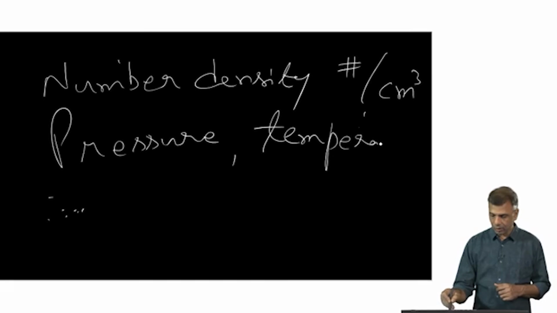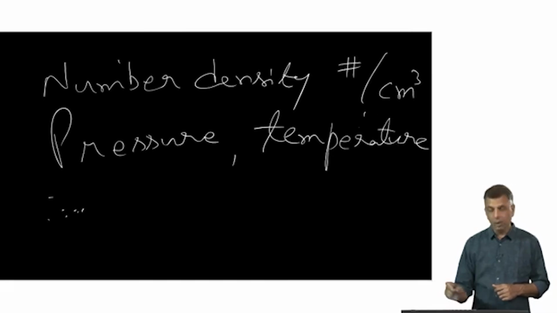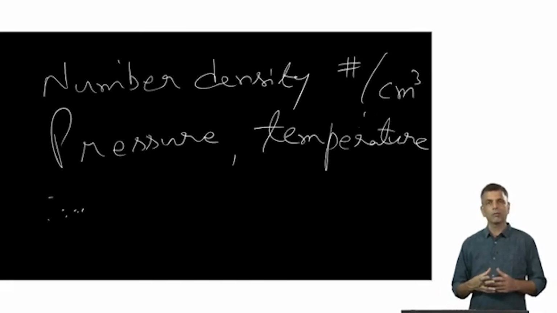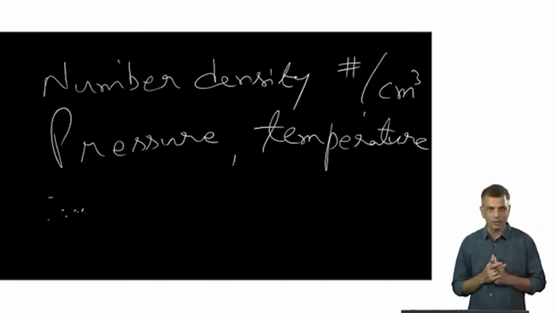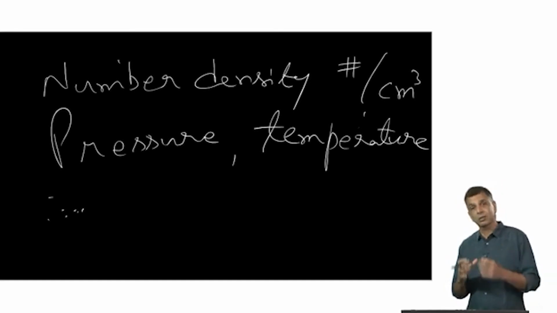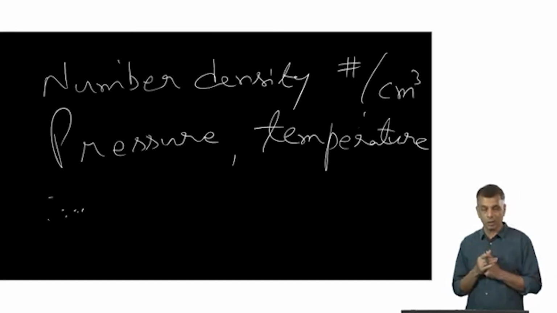These are familiar things to you when you talk about fluids. It makes sense, for instance, to talk about the temperature of gas in this room, or the number density of gas in this room. Either it's so many particles per cc or something else, in which case you make a comment about whether the gas is dense or not so dense, whether it's hot or not so hot.